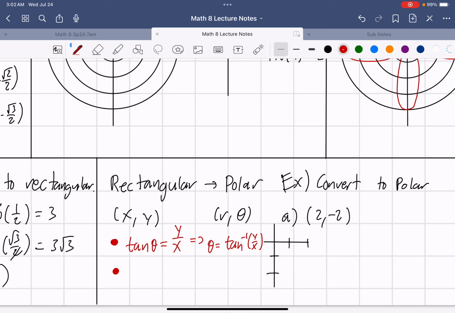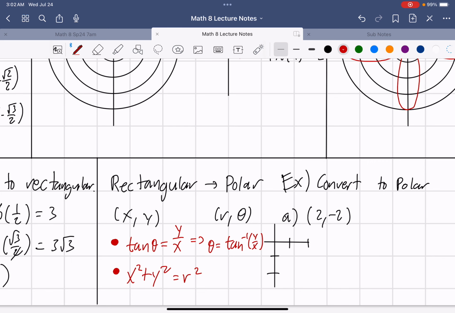And then we have another equation. We can use x squared plus y squared equals r squared.